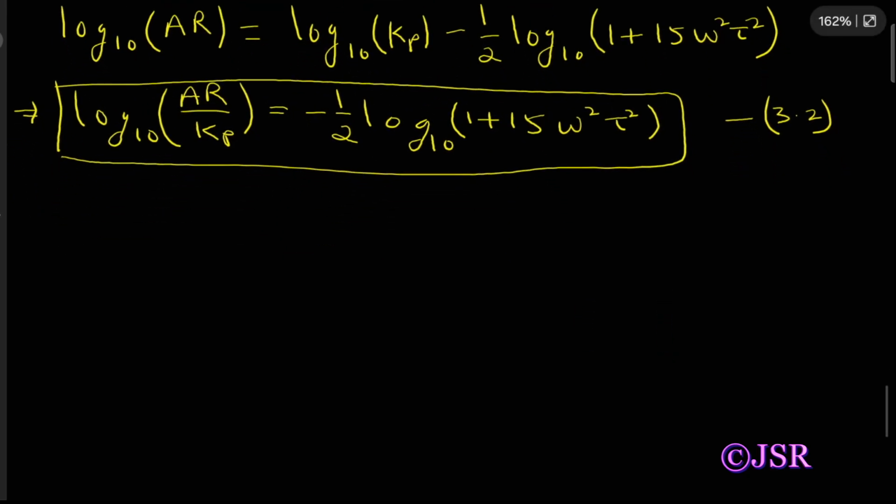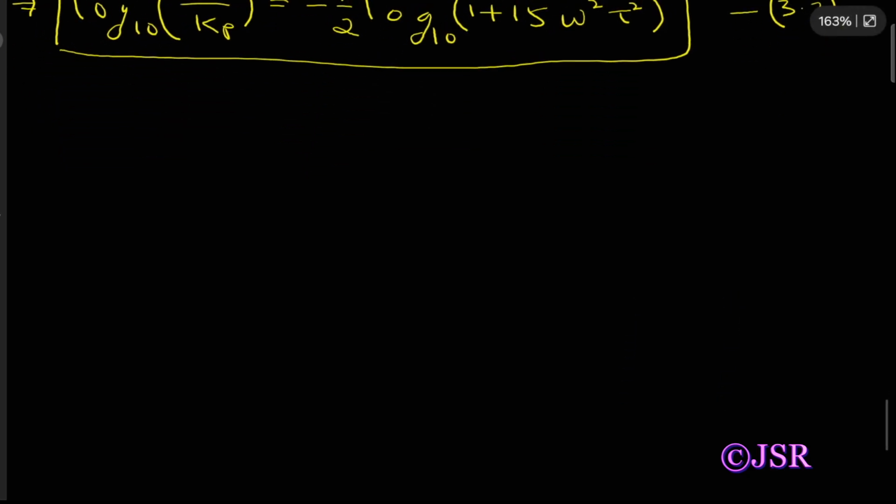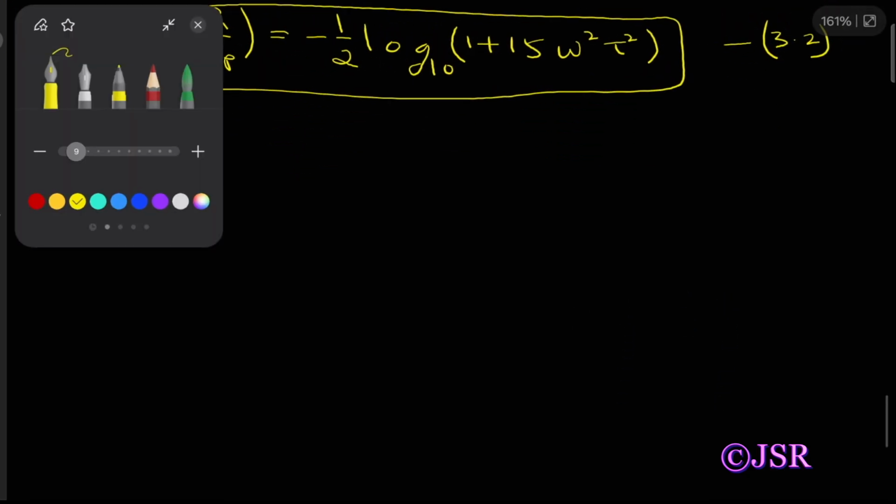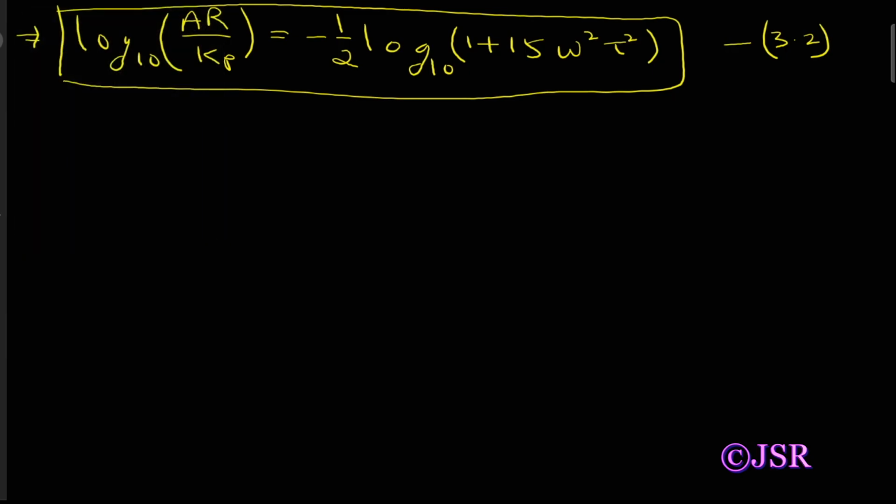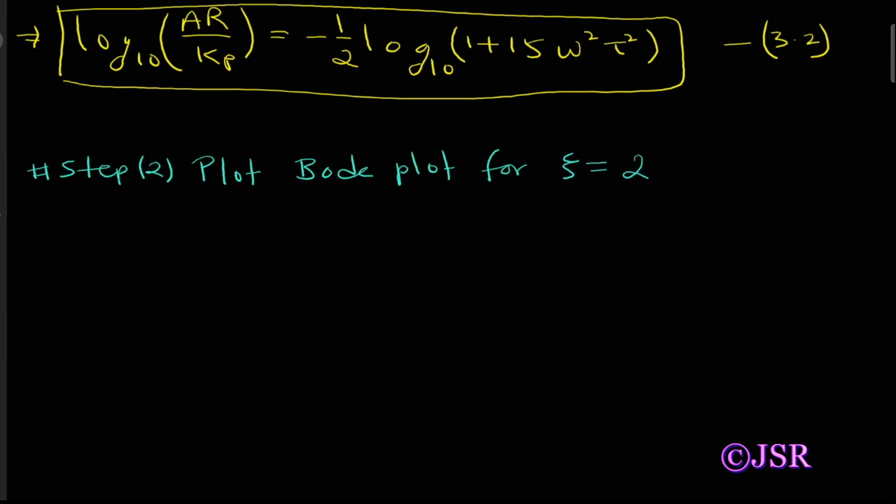So now step 2, plot Bode plot for zeta equal to 2.